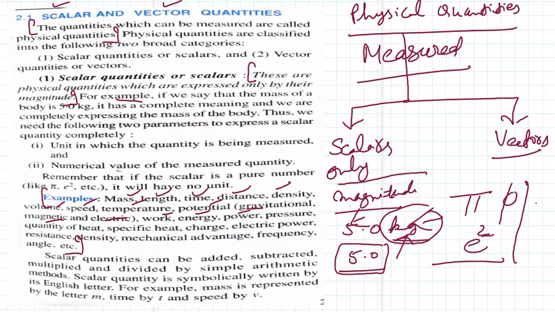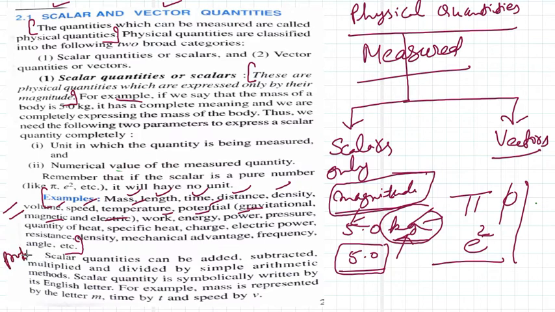Please keep it in mind. This is their identification: the physical quantities having only magnitude are called scalar quantities.